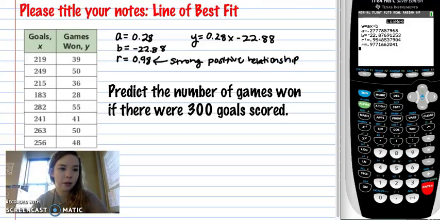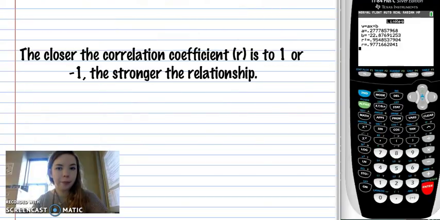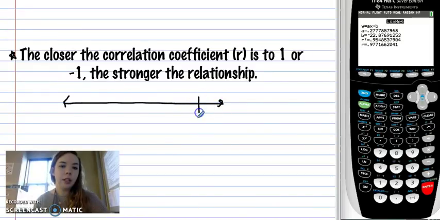Because, I'm going to skip ahead a little bit here. Go ahead and write this sentence down. The closer the correlation coefficient, which is R, is to 1 or negative 1, the stronger the relationship. So if we make a number line here even, this is no relationship.